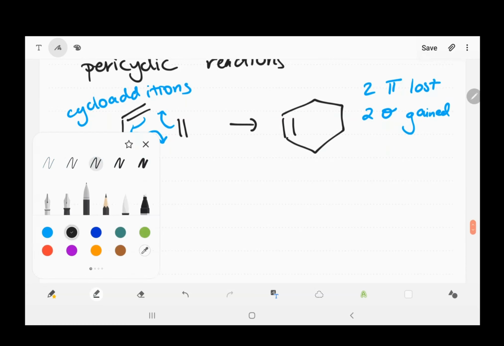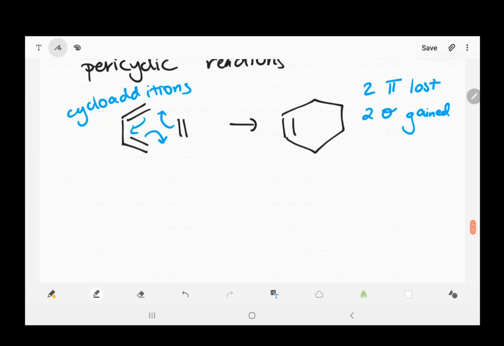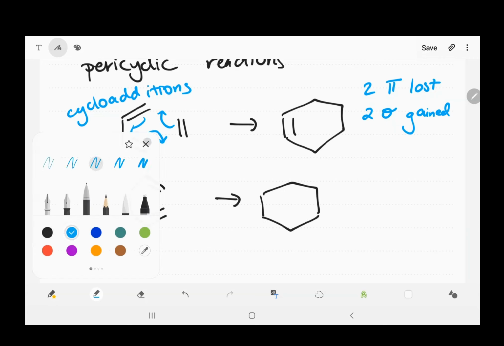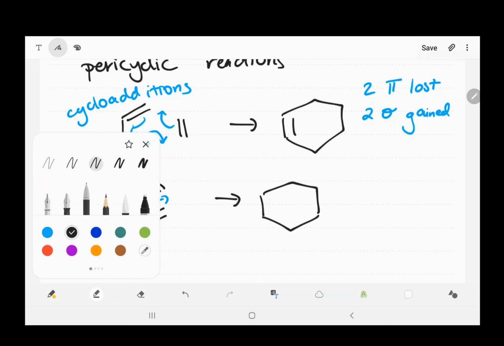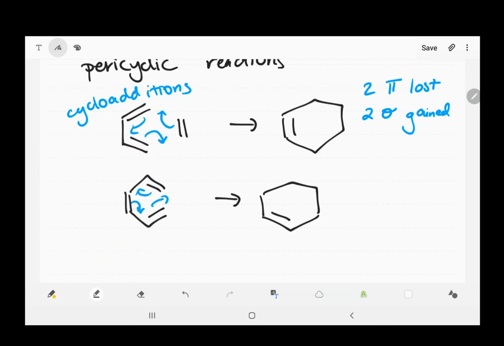We're going to have also another class called electrocyclic reactions. Kind of the same idea here. Here we will lose 1 pi bond. So we had 3 pi bonds in the first molecule, we have 2 in the other one. So we lose 1 pi bond.